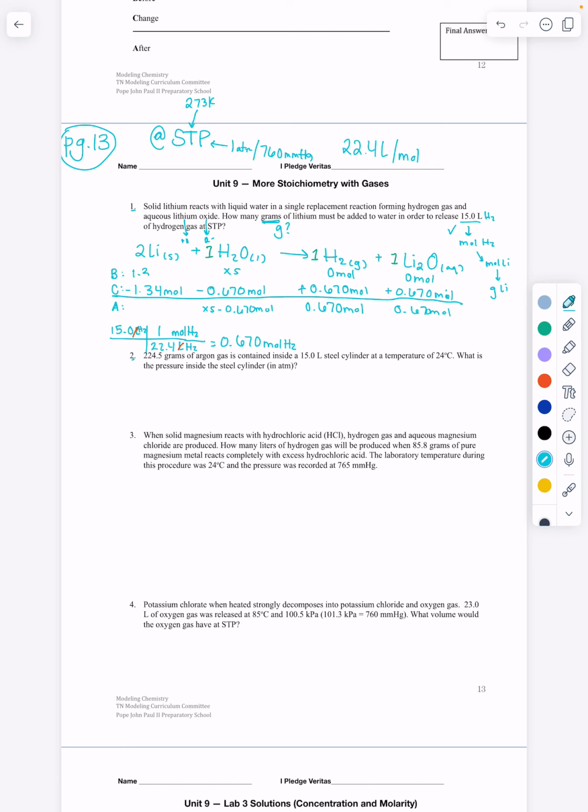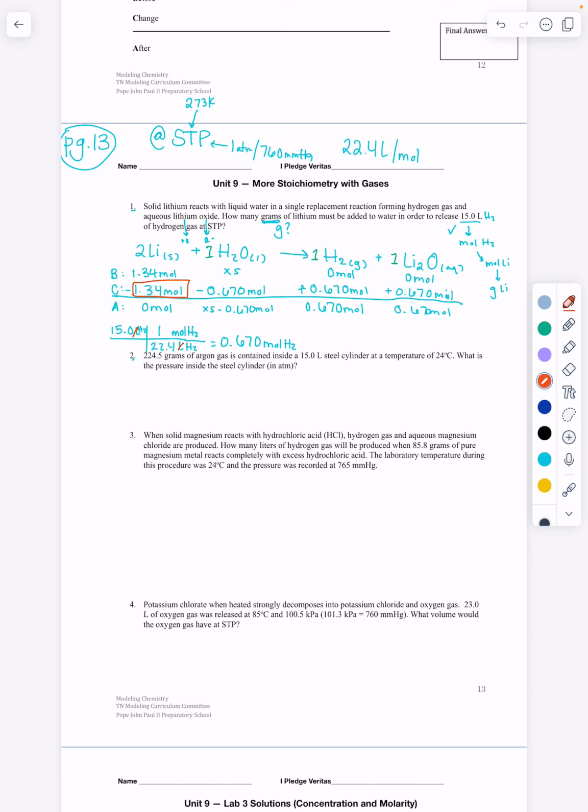And I started with 1.34 moles of lithium because it is our limiting reactant, so I will end up with 0. Okay, so this number right here, I've now found moles of lithium that is added to water.